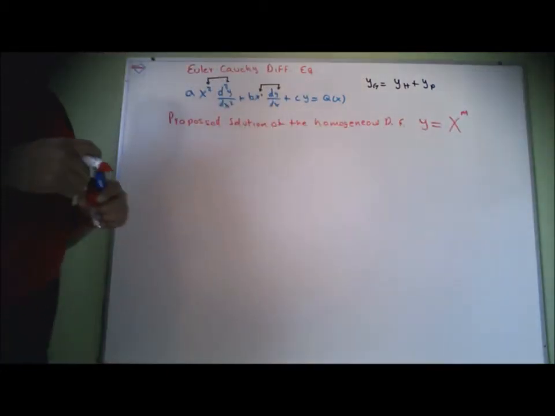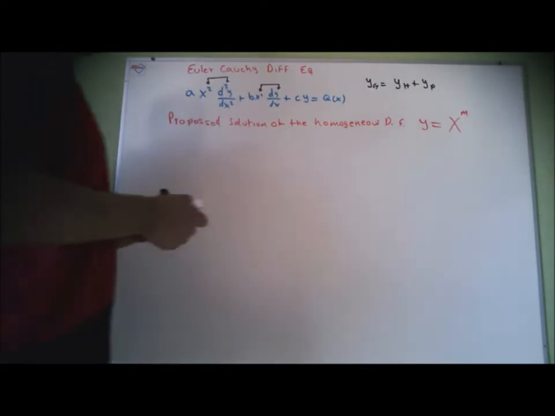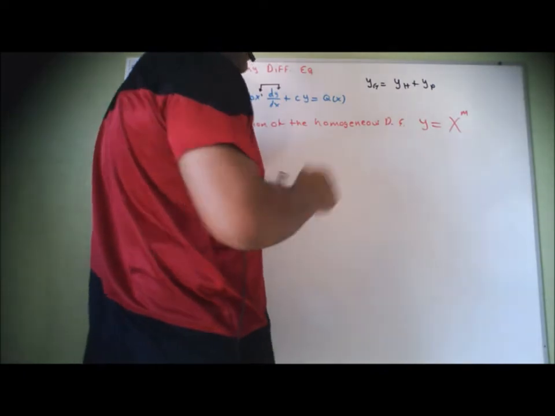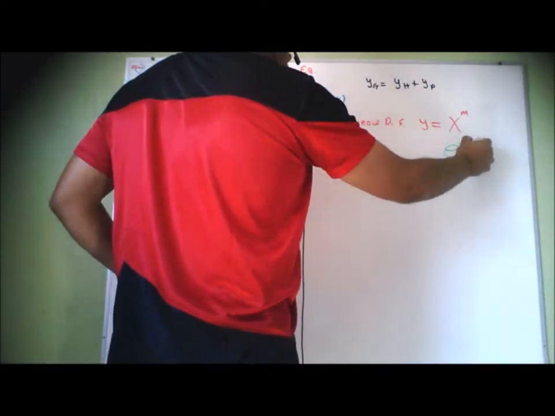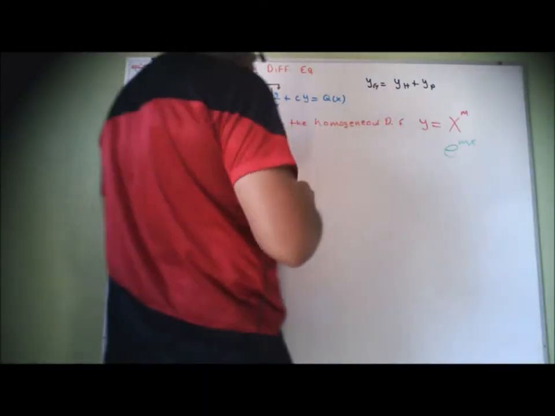So it's no longer the exponential, alright? So forget about the rules we saw in the previous videos where the solution was exponential of mx, okay? So forget about that.